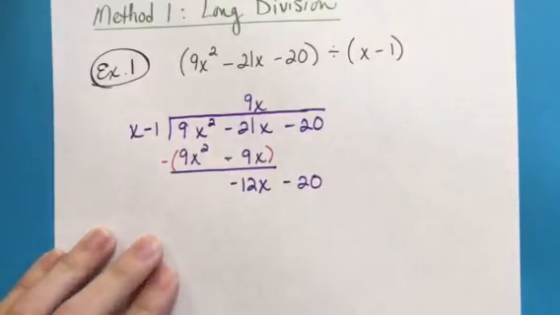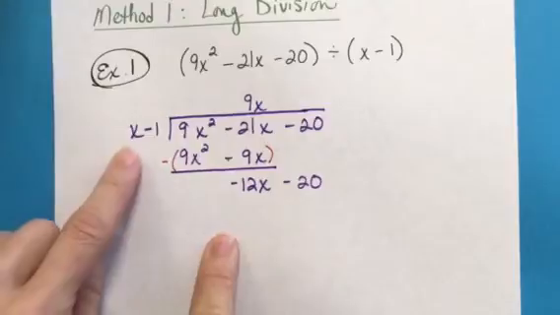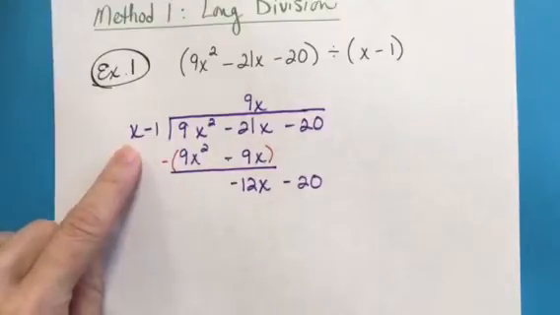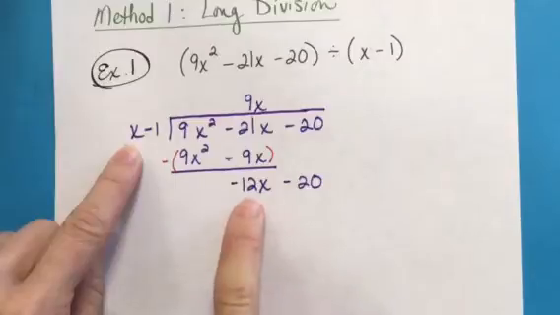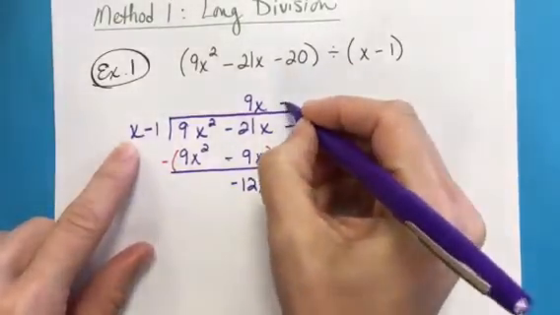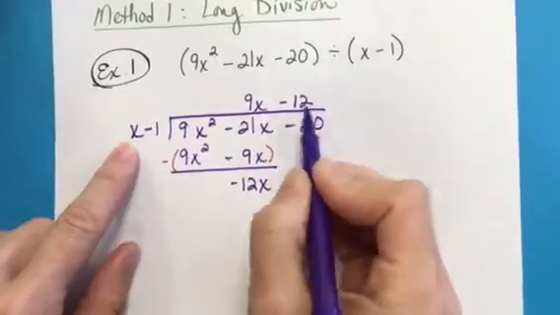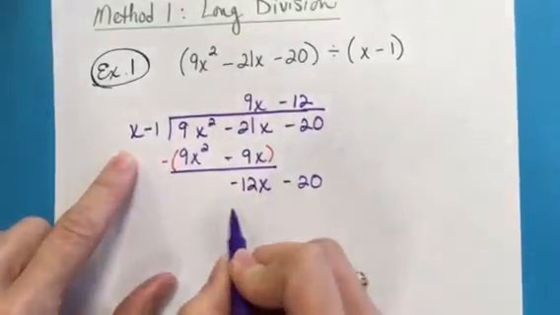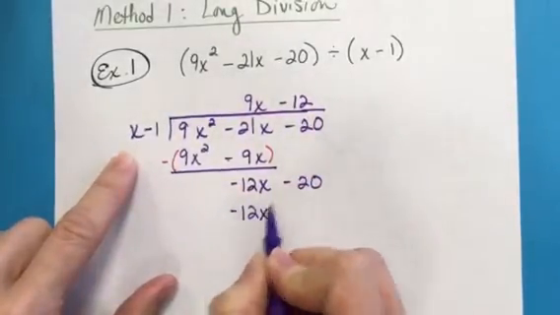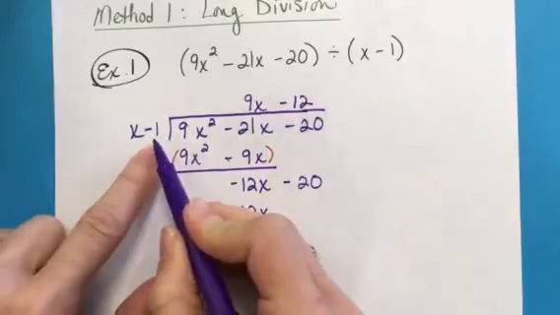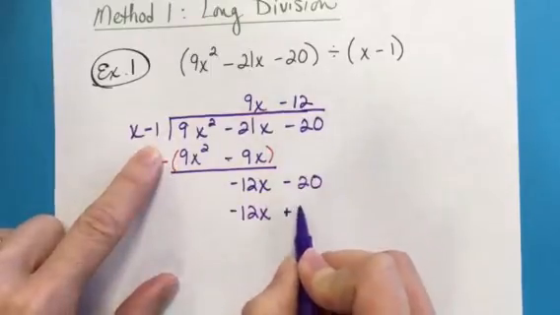Okay, so now you ask yourself, what do I need to multiply this first term in order to get the first term here? So what do I multiply x by to get -12x? And that would just have to be a -12. So -12 times x is -12x. -12 times -1 is a +12.